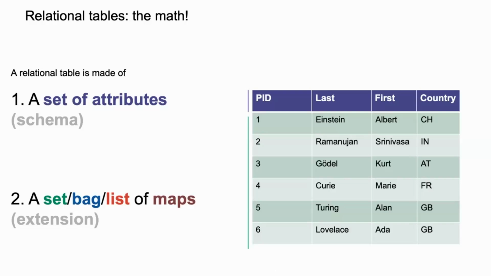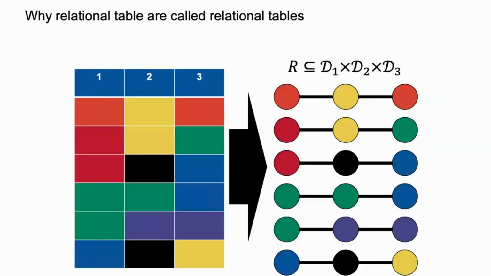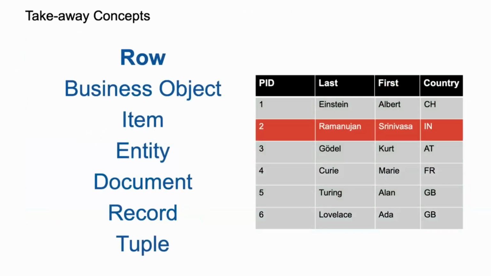What is a record mathematically? Well, technically, it's a map. For example, the second record, here, let me go back to this one. It's a map that maps PID to 2, last to Ramanujan, first to Srinivasa, and country to India. That's a map in this sense, right? So a record is a map that maps attributes to values.